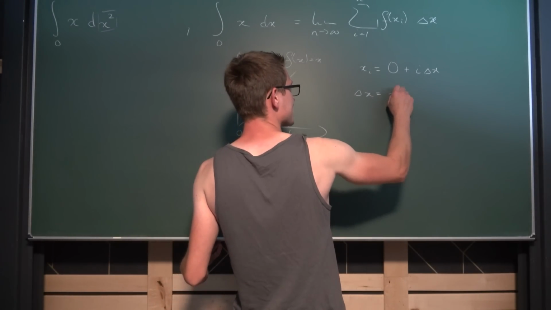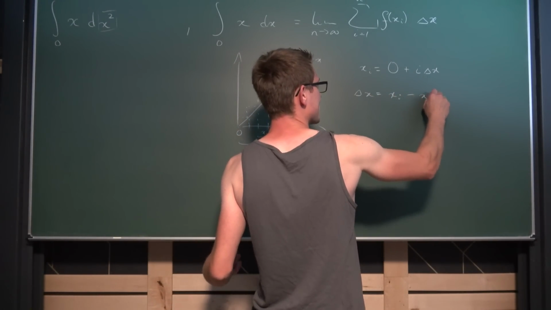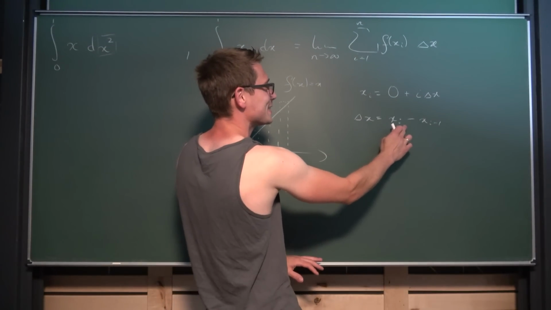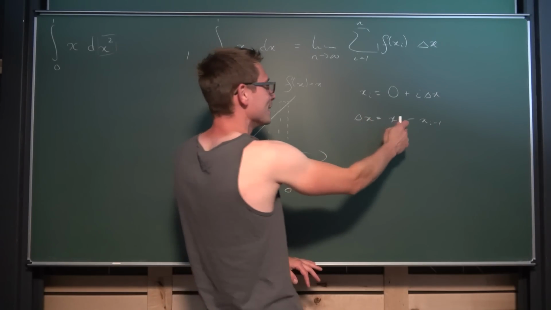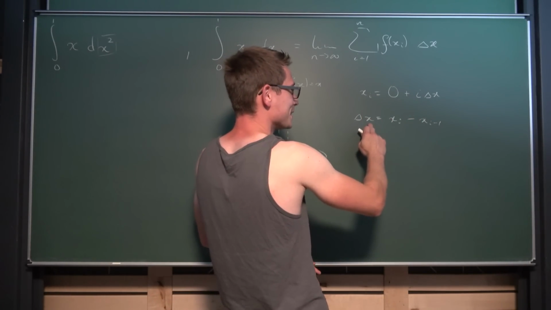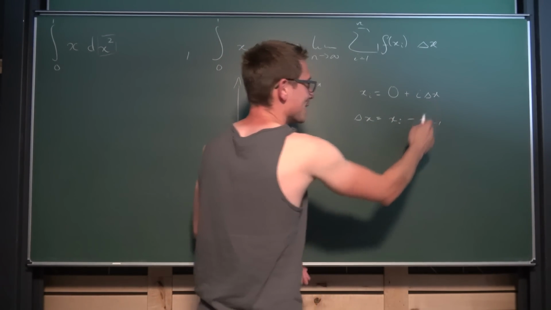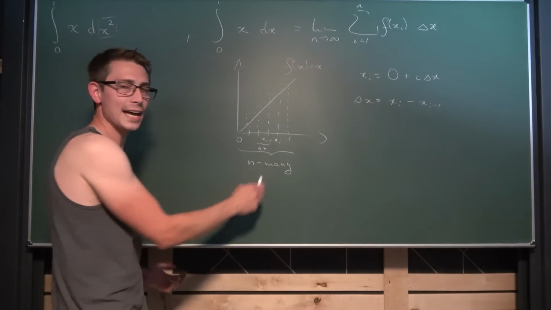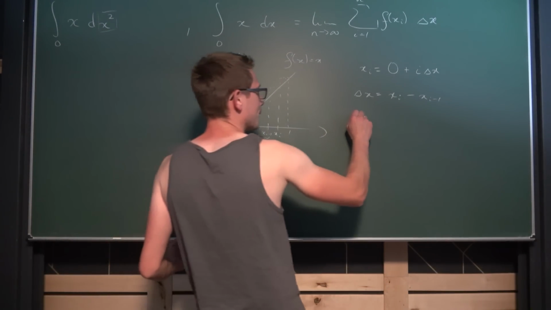So that delta x is the same as xi minus xi minus 1. But this doesn't help us right now, because then this is kind of circular. Then you would have delta x just with respect to xi once again. This doesn't help in our case. So we need to get to delta x in some kind of different way.